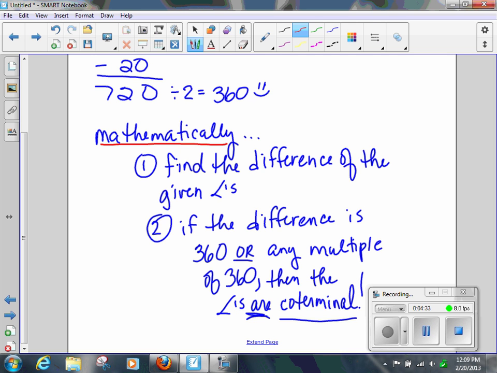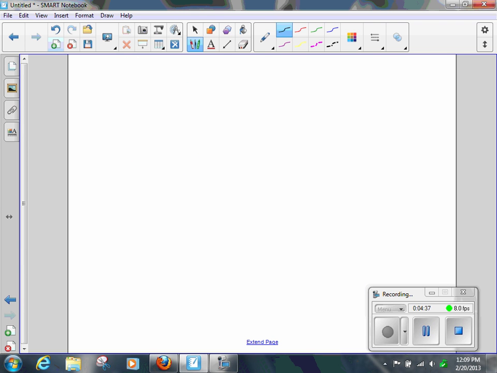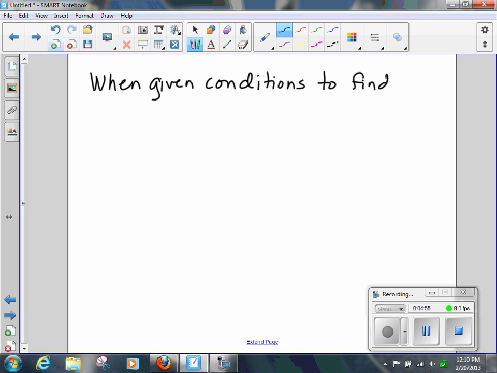Great. So let's take this coterminal thing a step farther. What happens when you are given conditions to find coterminal angles? Because at some point you're going to be given conditions.